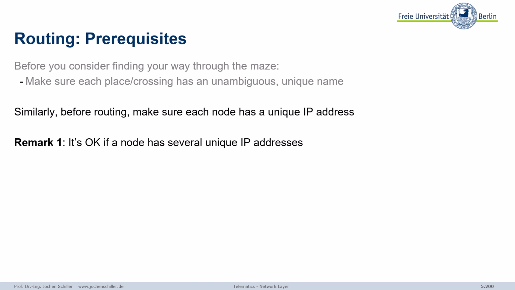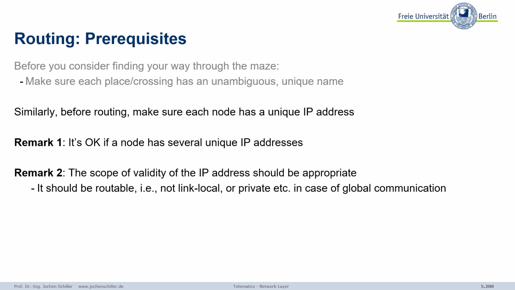That's no problem. And for routing in the internet, it must be a routable address, a globally unique address. So we cannot do routing with link local or private addresses. Link local, remember, IP version 6, private addresses in IP in general.